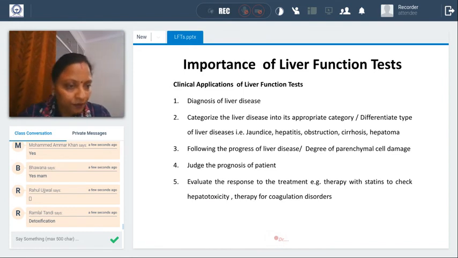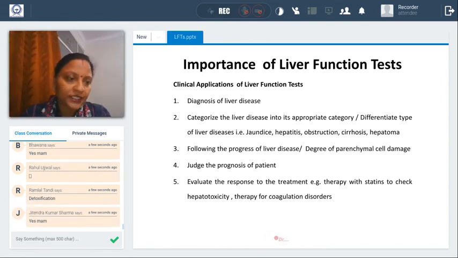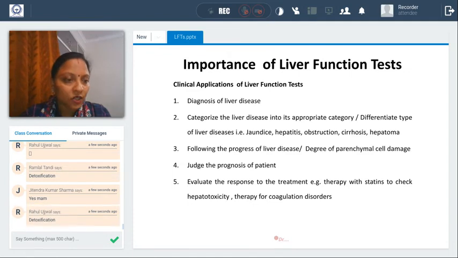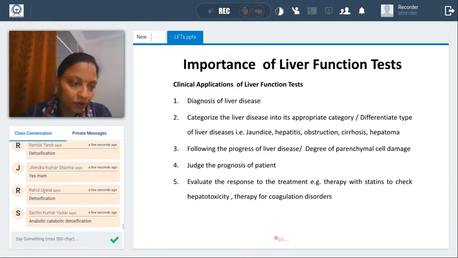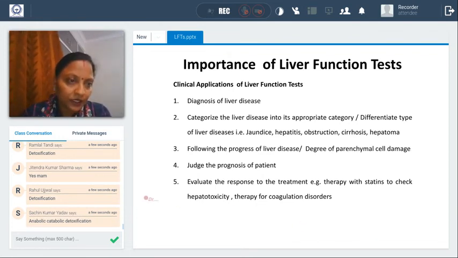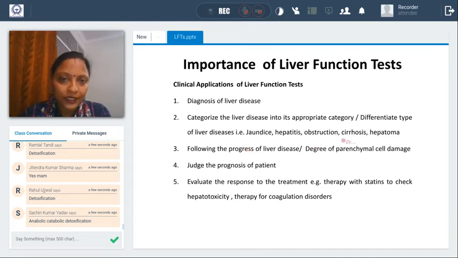What are the major functions? Yes, detoxification. Of course, detoxification. What is xenobiotics? Please add in the box. Xenobiotics. Rahul, please write down. What is xenobiotics? Metabolism of xenobiotics.